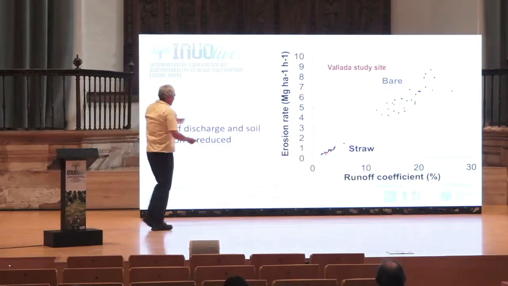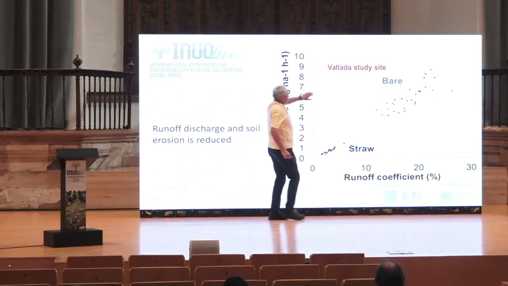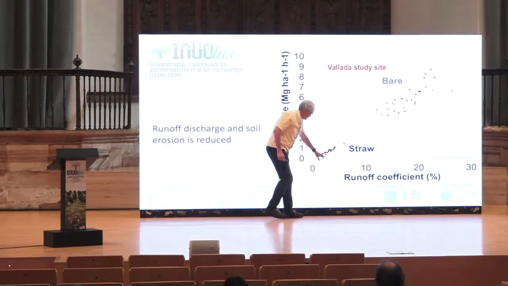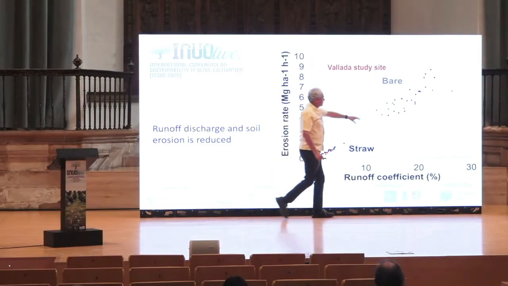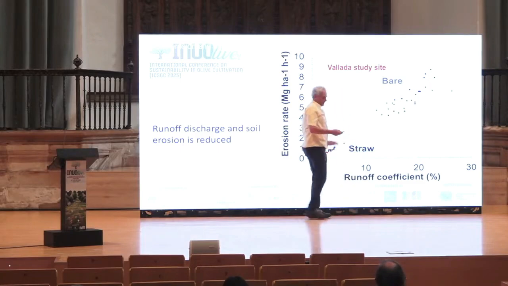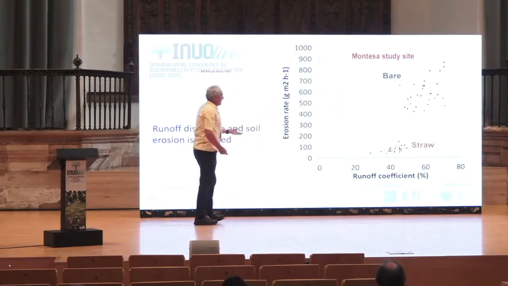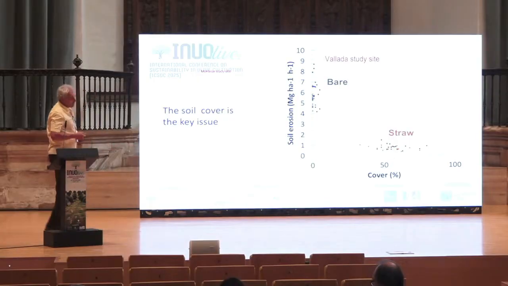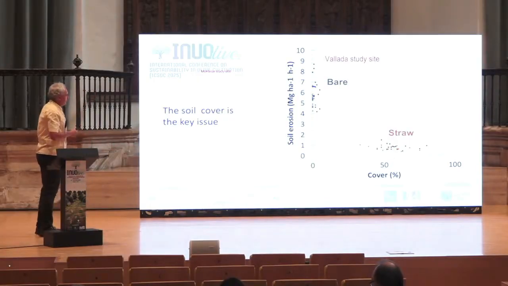In all our studies, you will see here different study sites from different locations. When you have straw, you have less runoff and less erosion. If you have bare soil, you have more erosion. It's very simple. This is the Montesa study site, also in orange plantations. The other one, El de Vallada, is in olives.